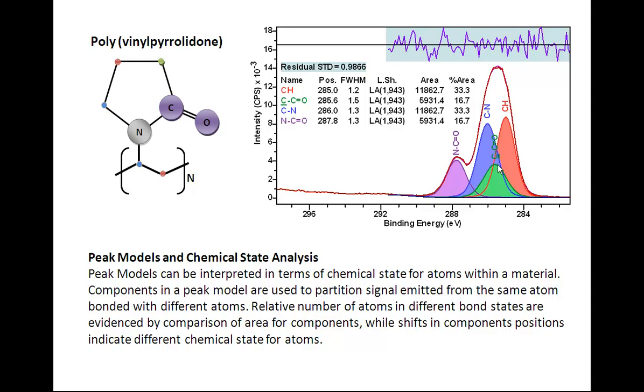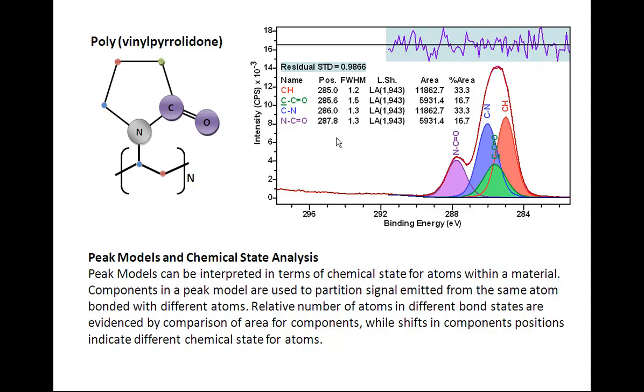So there's an offset here in binding energy, and then there's another offset for the carbons that are bonded to nitrogen, and we've got two of these. And then we've got a peak here, which is a carbon that is doubly bonded to oxygen and singly bonded to nitrogen. So each one of these different chemical environments for the carbon atom produces a different position in binding energy for these photoemission peaks, which are then measured using the components that are fitted to these data.